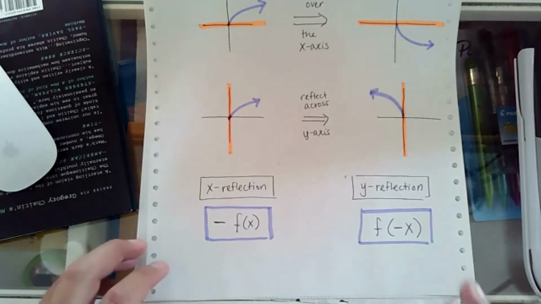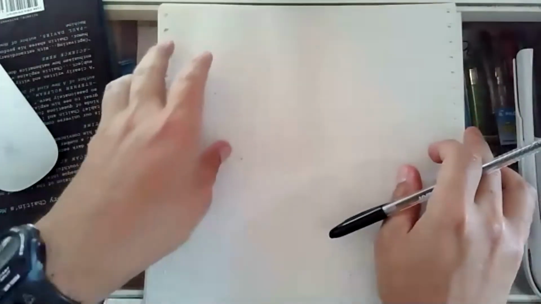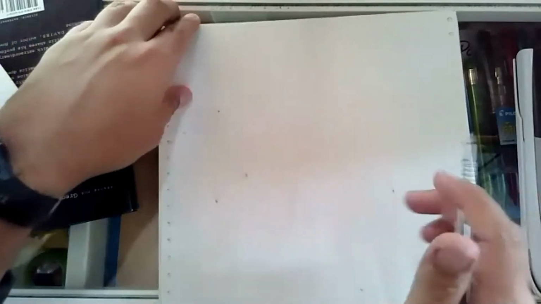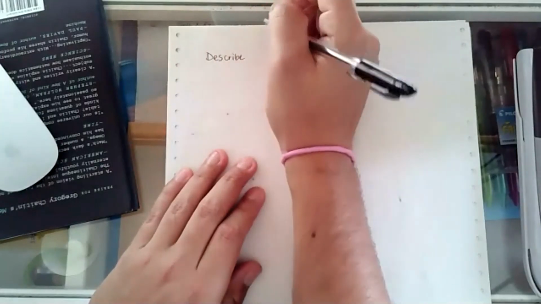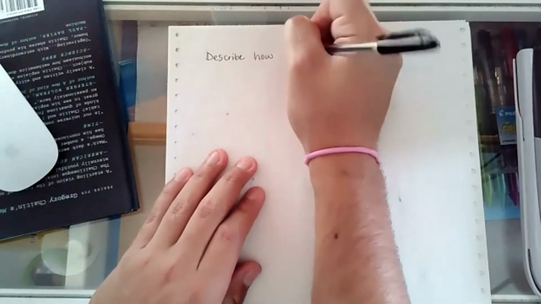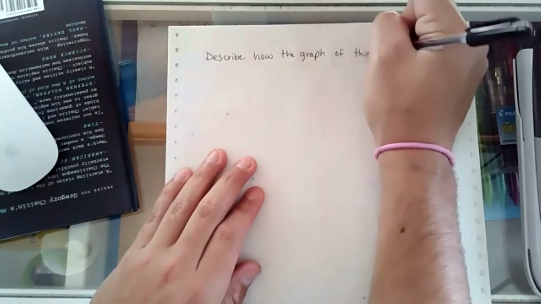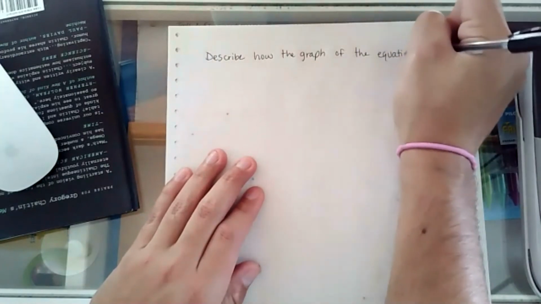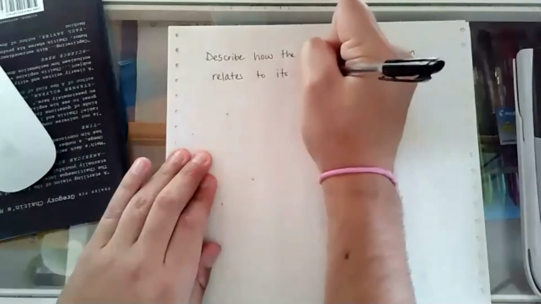Okay. So we're going to start just by exploring these rules a little bit with a quadratic equation. And we're going to verbally describe, I'm going to write out a description of how these transformations are affecting the parent function. So we're going to describe how the graph of the equation, so we're going to be given some equations, relates to its parent function.